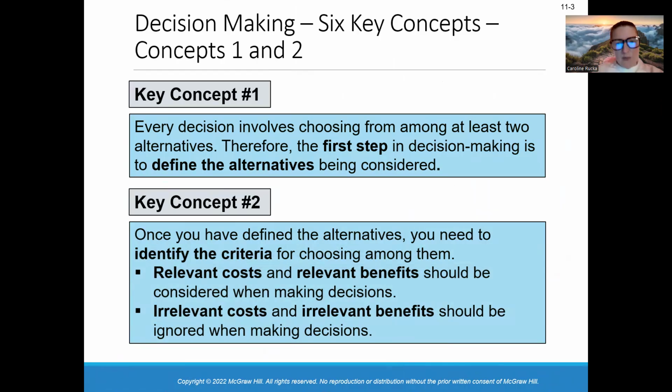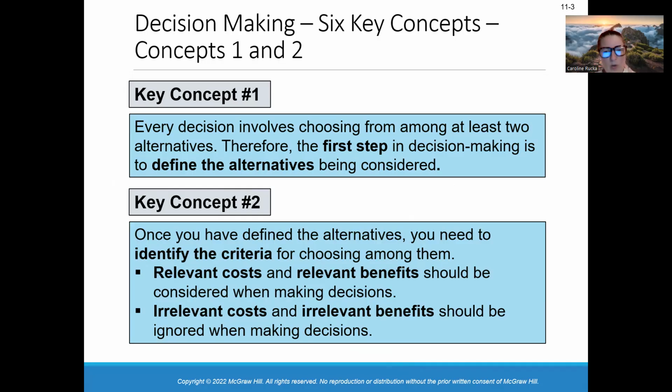The first thing we need to do when we're making our business decisions is we need to recognize our alternatives. So the first step is just identifying those alternatives so that we know what we are deciding between.